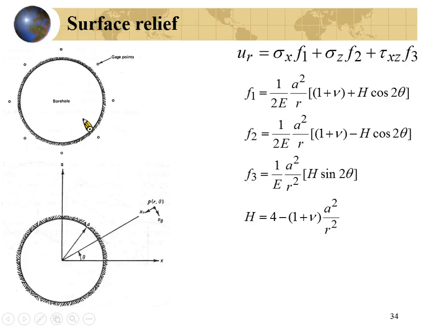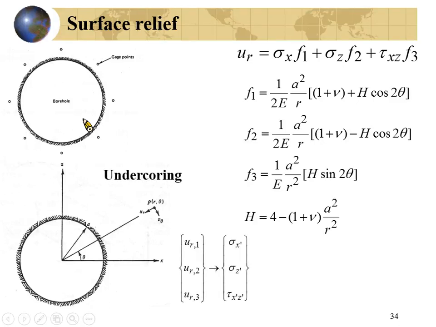So the radial displacement will solely be a function of stress. The stress will be the only unknown. So you measure the radial displacement and you try to back calculate the stress. So you are overcoring it. So the displacement will be related to the stress.